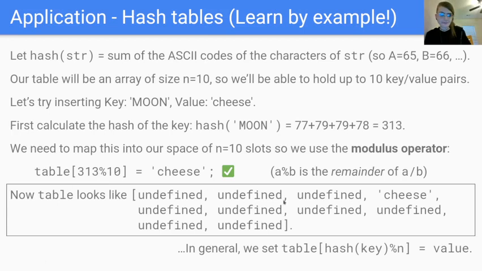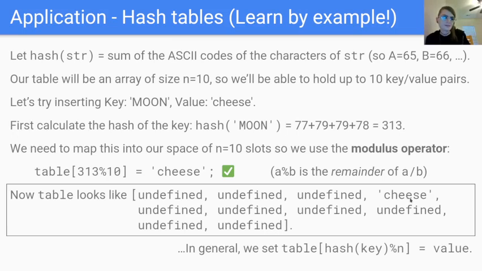Now our table looks like this. Table 0 is undefined, 1 is undefined, 2 is undefined, 3 is cheese, 4 is undefined, and so on. So here's the code. We just set table index hash of key mod n equals our value. So we've slotted cheese in at 313 mod 10.